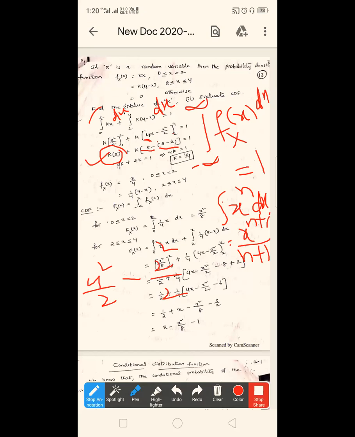So 8 minus 2, you will get 6 here. So within the brackets, 8 minus 6, 2. Again we have 2k here. So 2k plus 2k is equal to 1. This implies 4k is equal to 1, which implies k is equal to 1 by 4. This is the value of k.